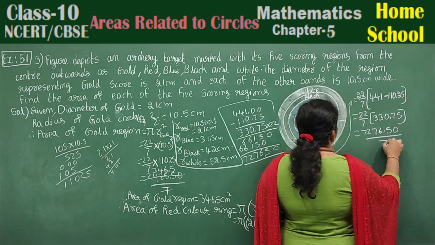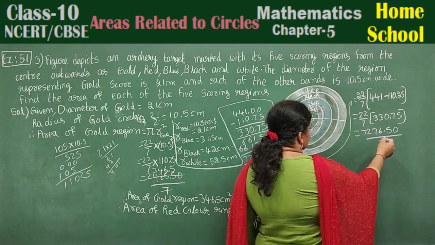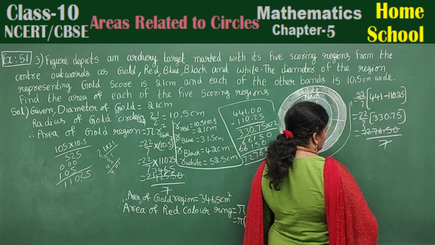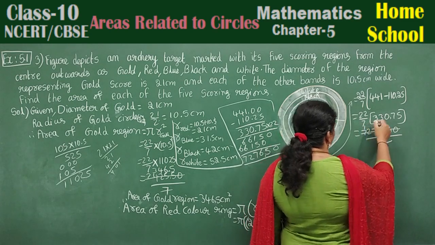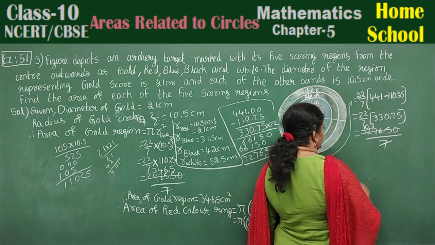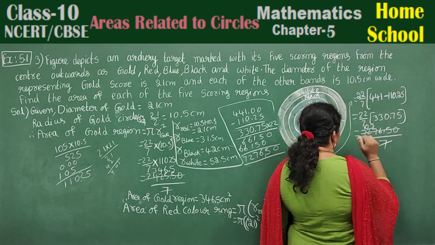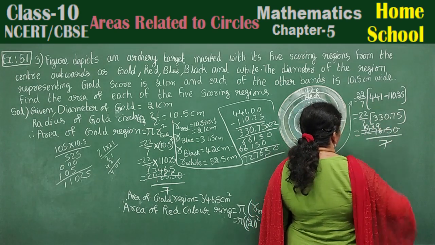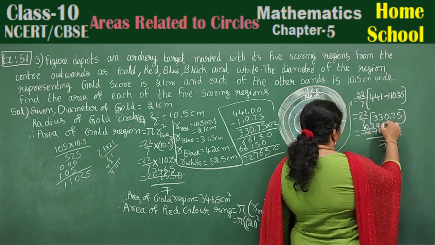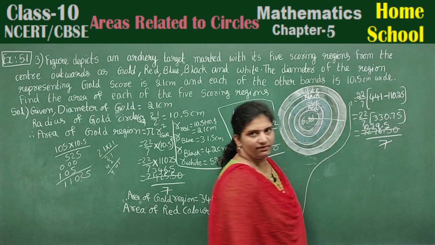7276.50 by 7. Let's cancel here. 7 1s are 7 and you can take here 0. 7 3s are 21 and you are left with 66. 7 9s are 63. Again 3 left, 35. Put a decimal point. 7 5s are 35.